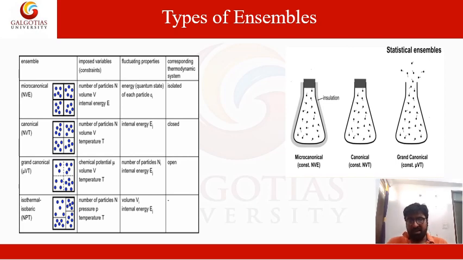So here the number of particles is changing, and it's a very open system. The constraint here is that the chemical potential, volume, and temperature will be maintained, meaning they will be constant. That is our grand canonical ensemble. And then the isothermal and isobaric ensemble, where the number of particles, pressure, and temperature are constant, and fluctuation takes place for volume and energy only.